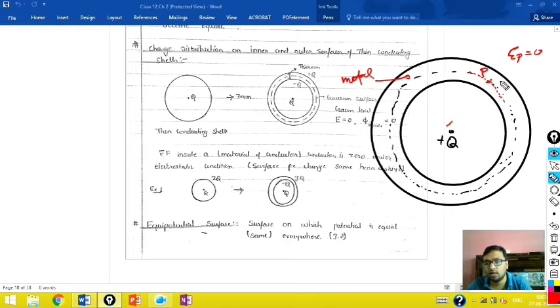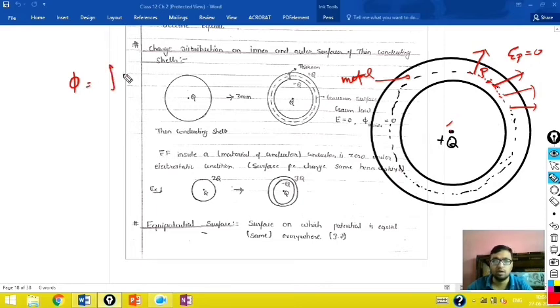But if I ask how much flux will come out of this dotted sphere, then if we apply Gauss law on this region, I am talking about this shaded, dotted region, you know that flux is 0.